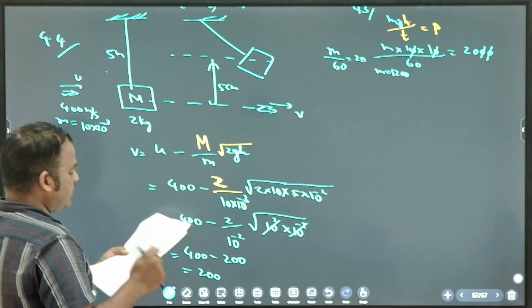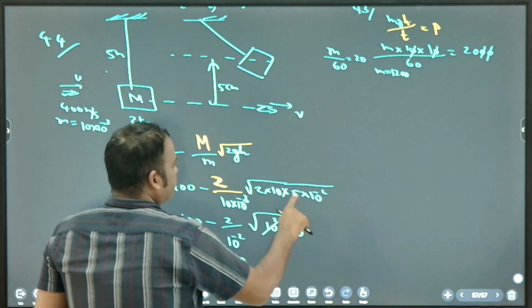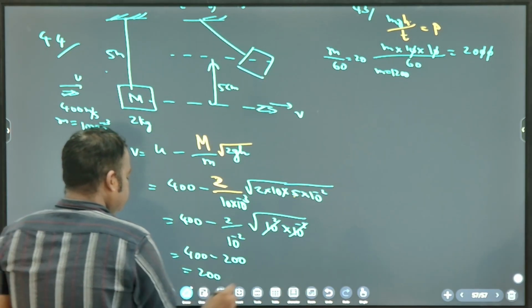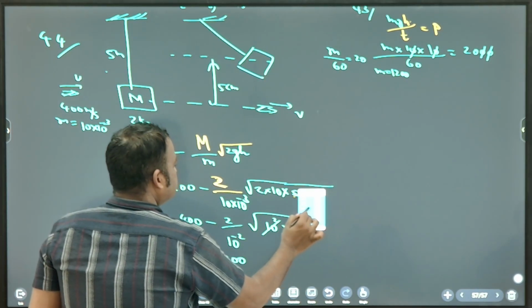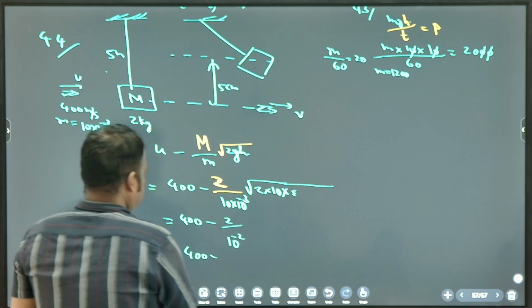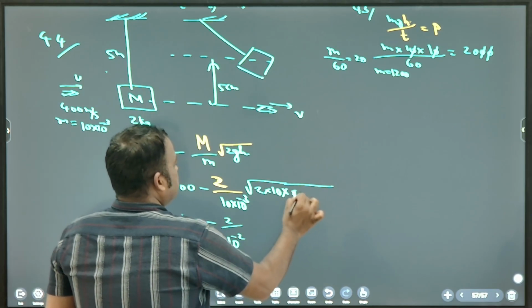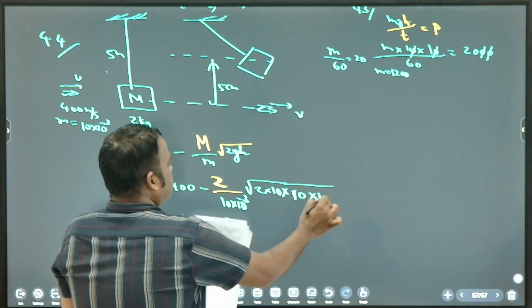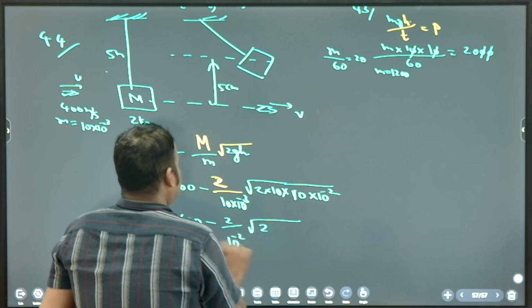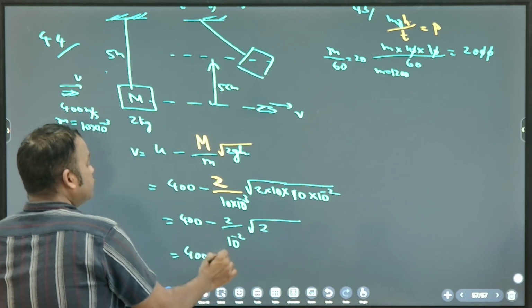Oh, 10 centimeter, okay, sorry, 10 here. So 2g into 10 into 10 power minus 2. So 2 root 2. So 200 root 2.